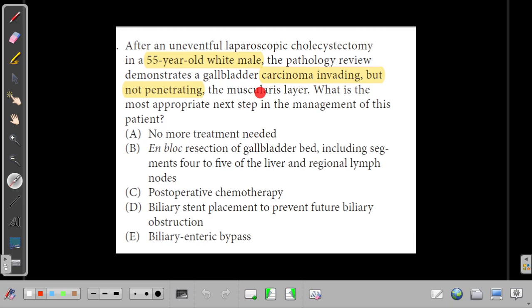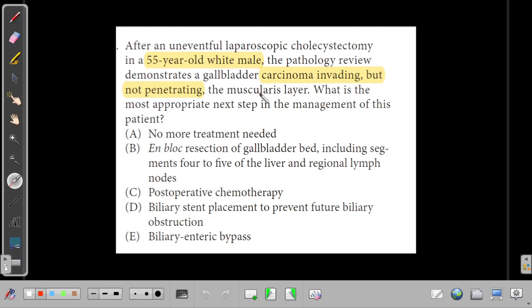Okay? I remind you that in a previous video, we came to agreement that anything beyond T1A, you should go for another trip to the OR, anything beyond T1A, so long as, of course, there is no metastasis or peritoneal implants.